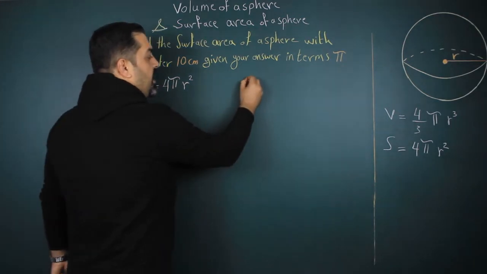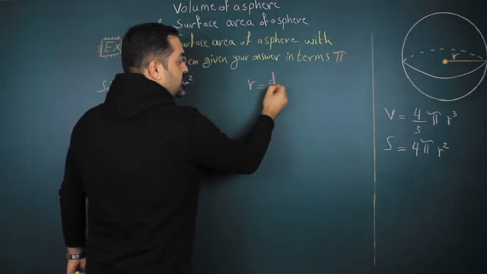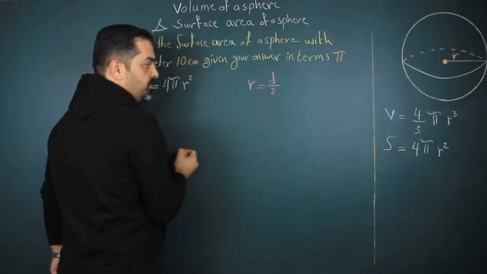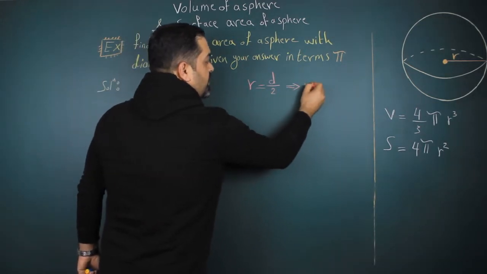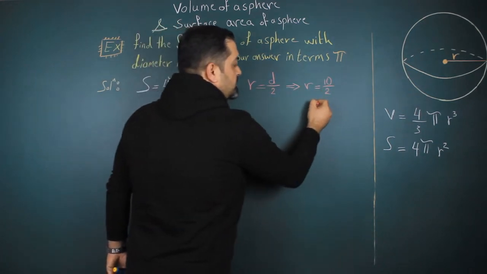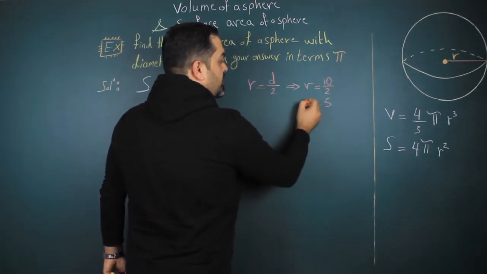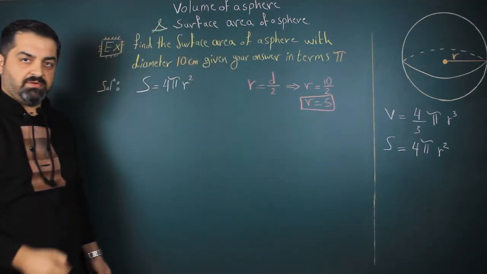So r is equal to diameter divided by 2, which is 10 divided by 2, equal to 5. So our radius is equal to 5.